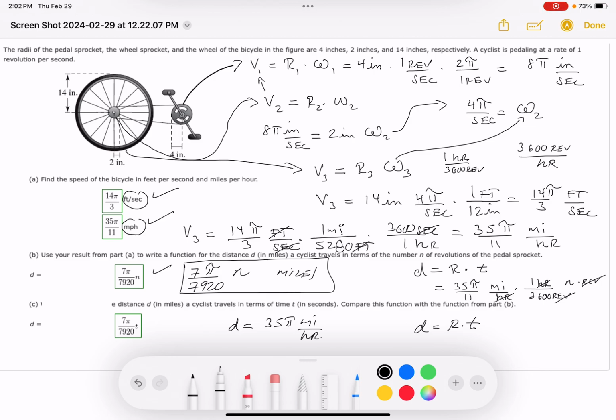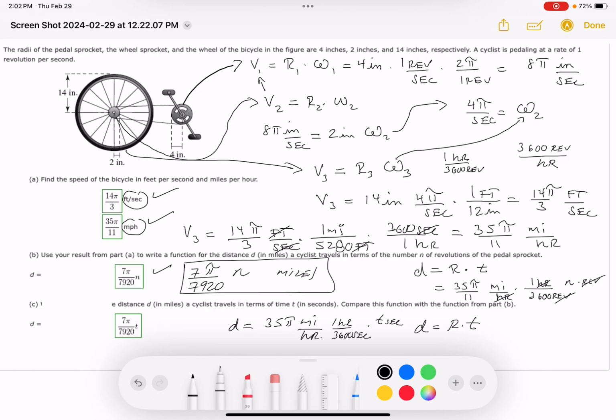And then I've got to write this thing down about the seconds. And what do you get over there? Well, I've got to get rid of that hour in terms of seconds, right? So I'm going to say 1 hour is 3,600 seconds. And by the way, the t is in seconds. So I know I'm getting t seconds over here. So what cancels?